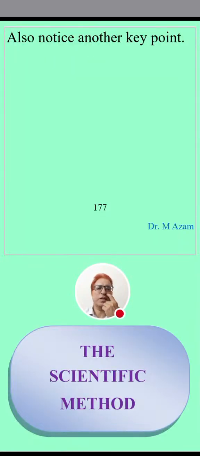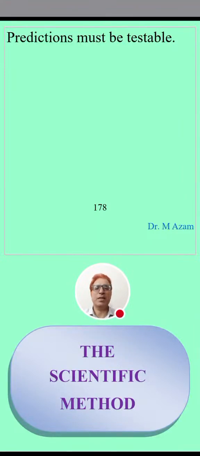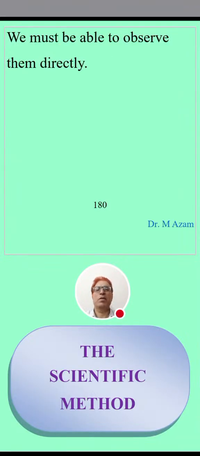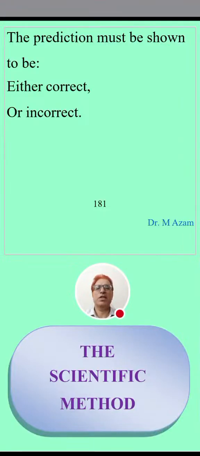Also notice another key point. Predictions must be testable. This means we must be able to check predictions. We must be able to observe them directly. The prediction must be shown to be either correct or incorrect.